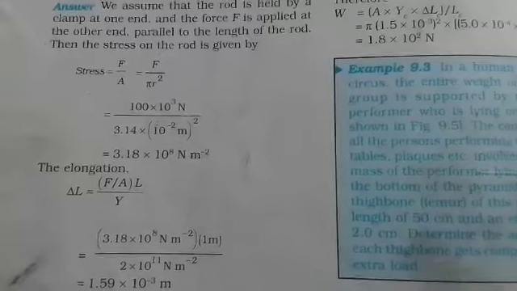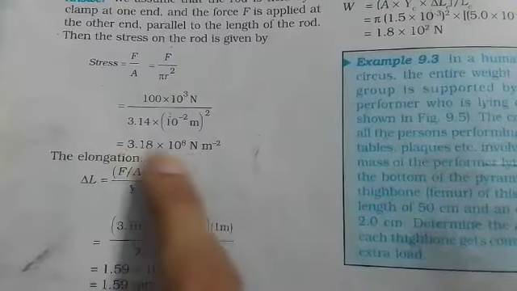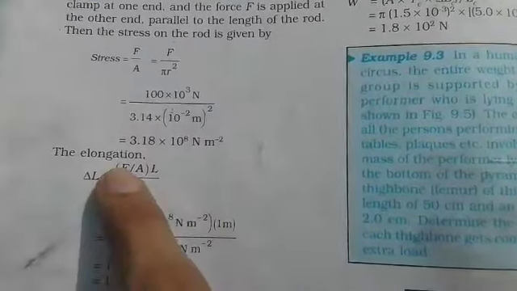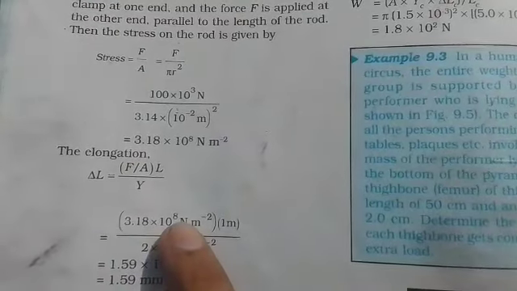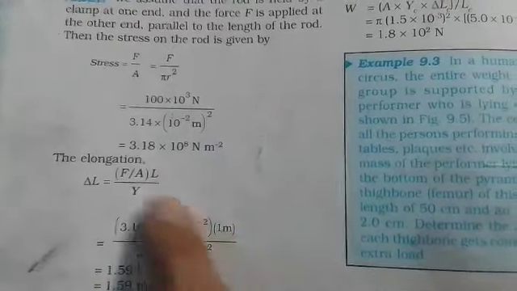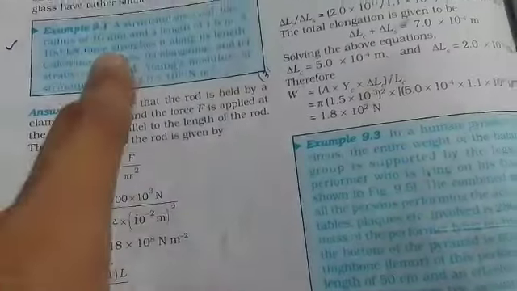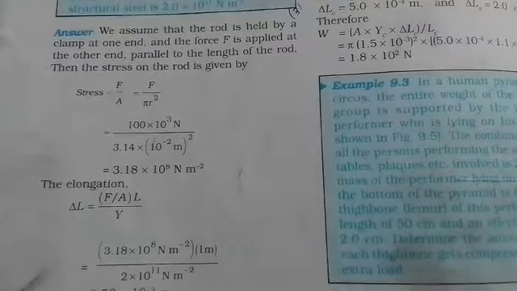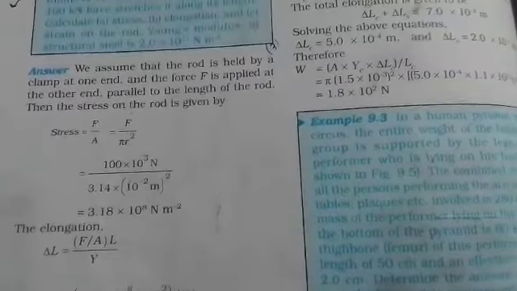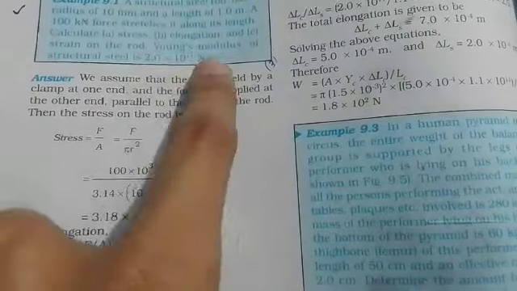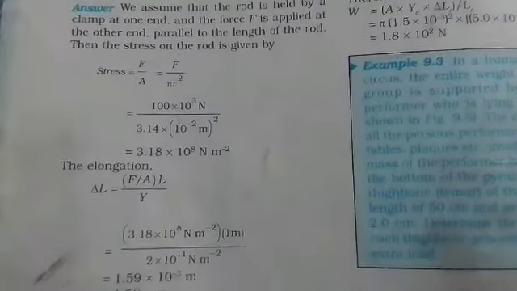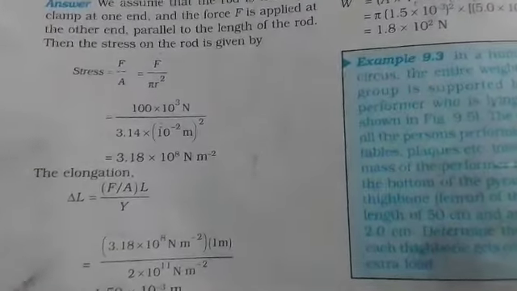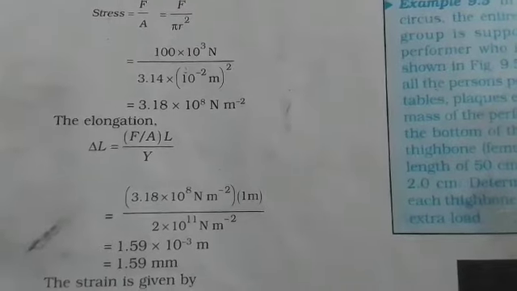We have already calculated the value of stress, so force per unit area is the stress, multiplied with the length, and the length of the wire is given to be 1 meter, divided by the Young's modulus. Here the Young's modulus value is given. Calculating this, we find out the elongation.